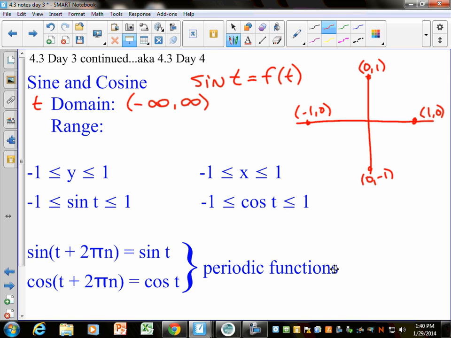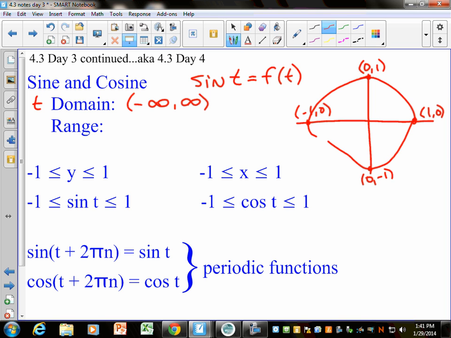For my x values, which are cosine, what is the biggest x value that I ever get going around that circle? 1, right? Because think about if we connected this, this is not going to be a very nice looking circle with my picture here. Theoretically speaking, if that was a nice circle, do you agree that the points in between here are not bigger than 1 and negative 1?